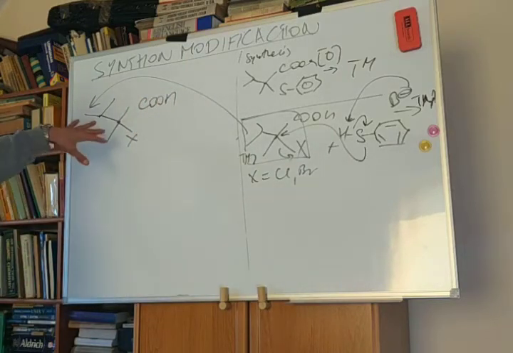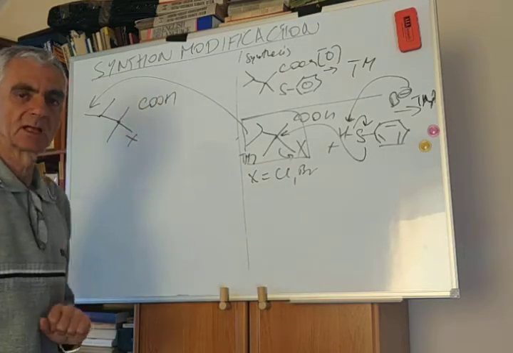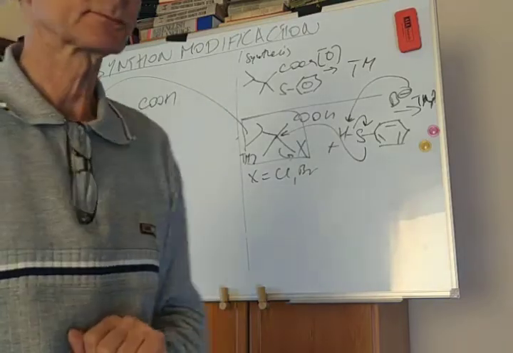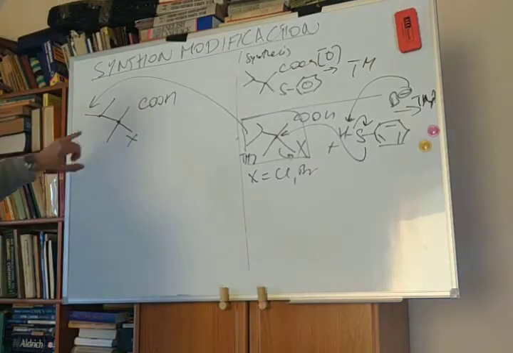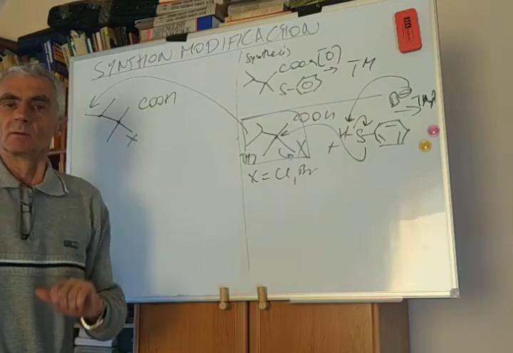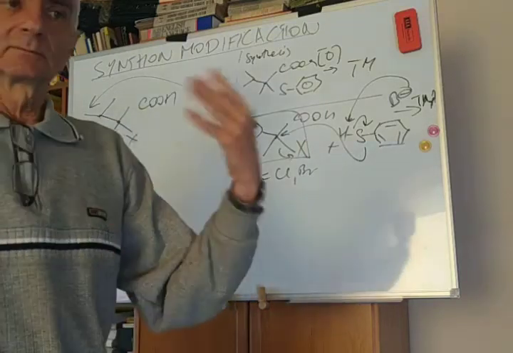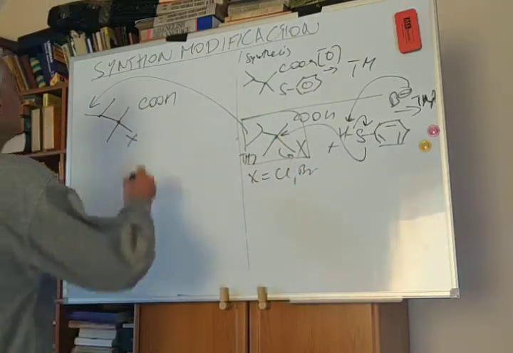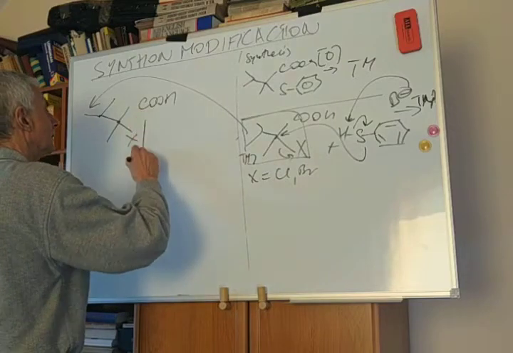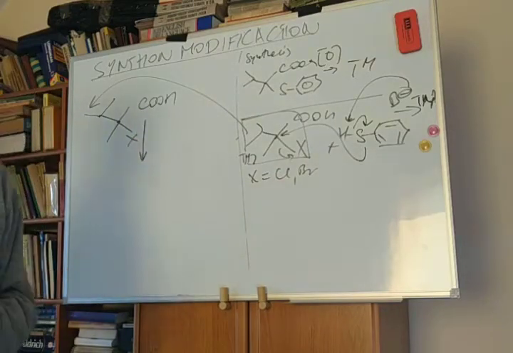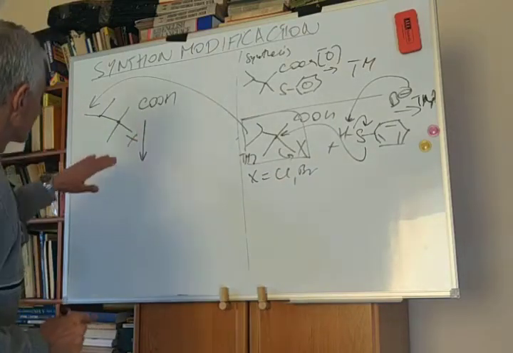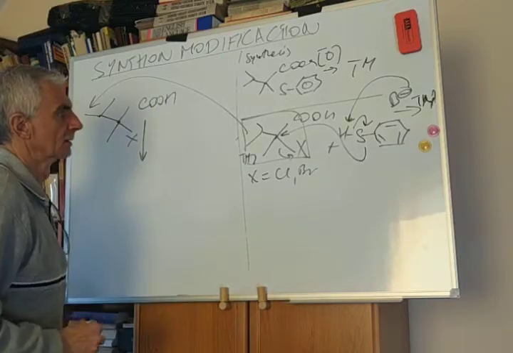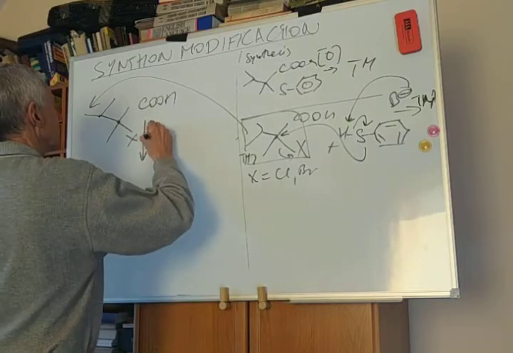And of course, if I would like to have a pure carboxylic acid, I must perform something like umpolung, so umpolung.